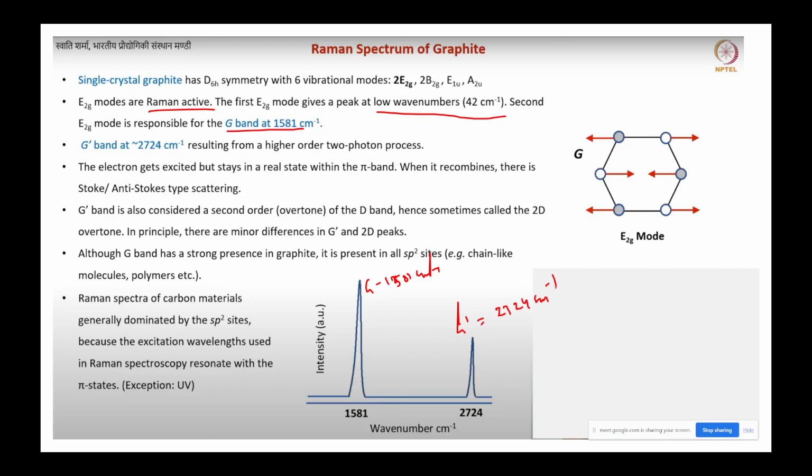Okay, Raman spectra of carbon materials are generally dominated by sp2 sites because the excitation wavelength used in Raman spectroscopy resonates with the pi state. So you will get this G band at 1581 per centimeter and G dash or 2D at 2724.